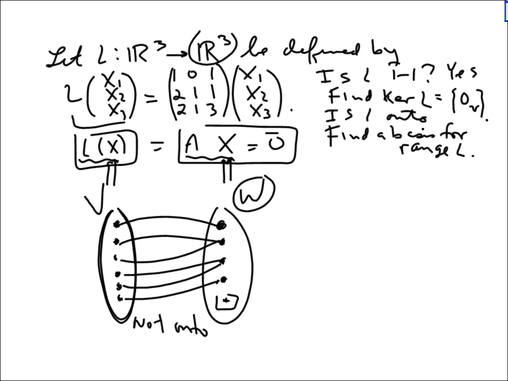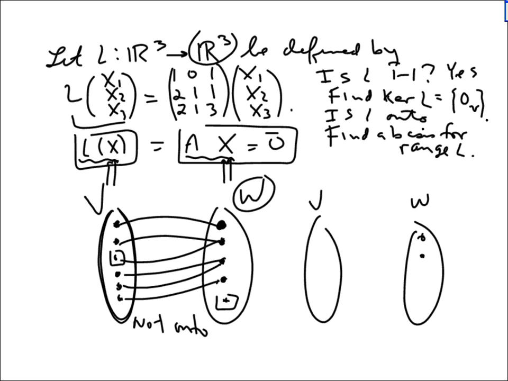It sounds like I want to find one element in V that goes to each element in W. No. For L to be onto, for each and every element in W, it must be that there is an element in V that goes to W. And for the second element in W, something must go to it from V.